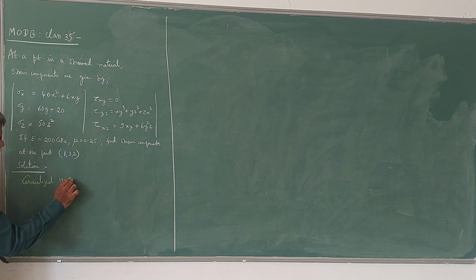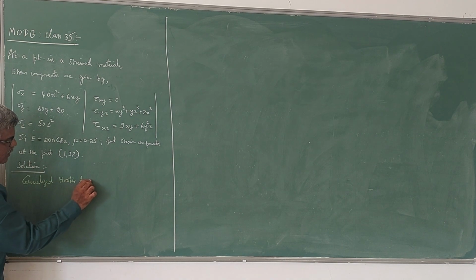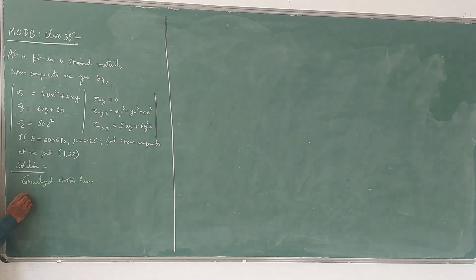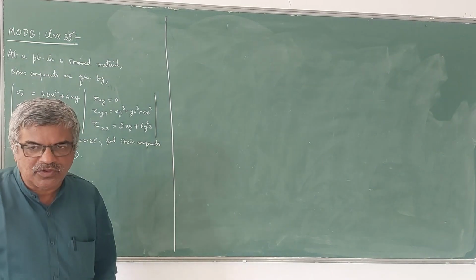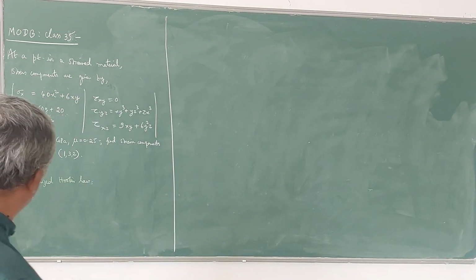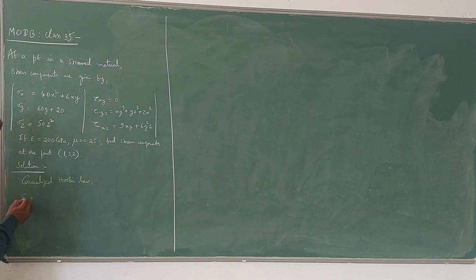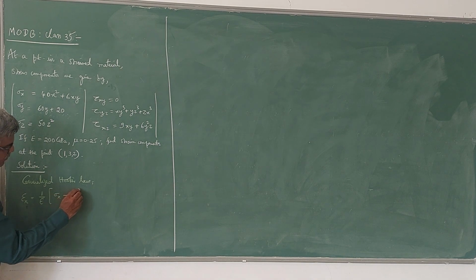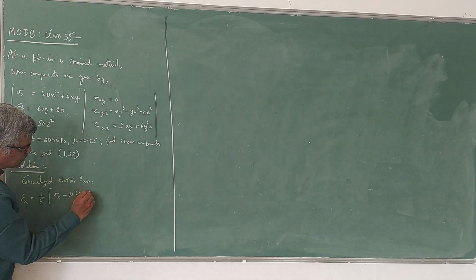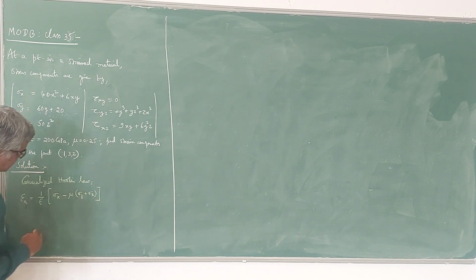In the earlier lecture, I have derived this. See, epsilon x. Now we know stress values, we need strain values. So the LHS becomes your strain now. Epsilon x, we know that it is 1 by E into sigma x minus mu times sigma y plus sigma z.